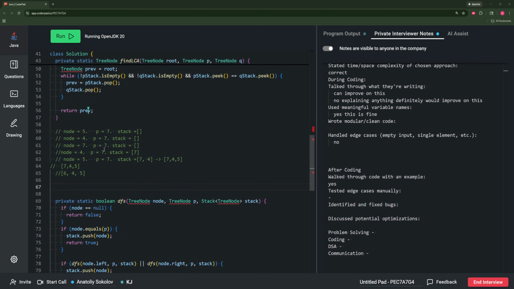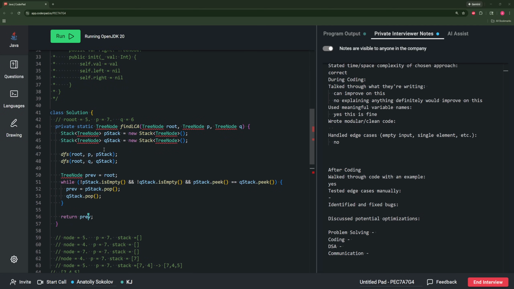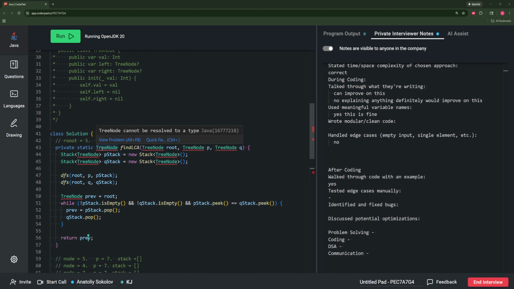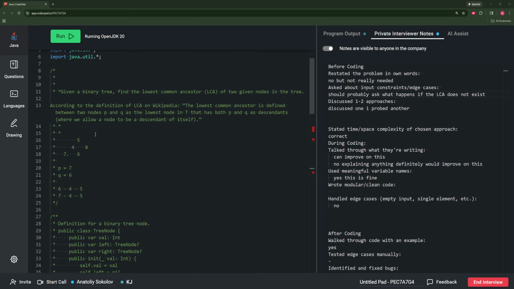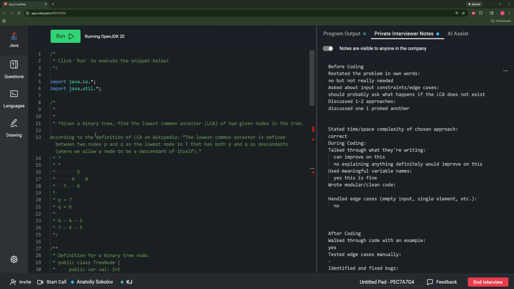Yeah, I think that makes sense. And yeah, so let me ask you, can we ever not have a lowest common ancestor? Is that possible? So if the tree is empty, or if P and Q are not part of the tree, then that could be a scenario where there is no lowest common ancestor.